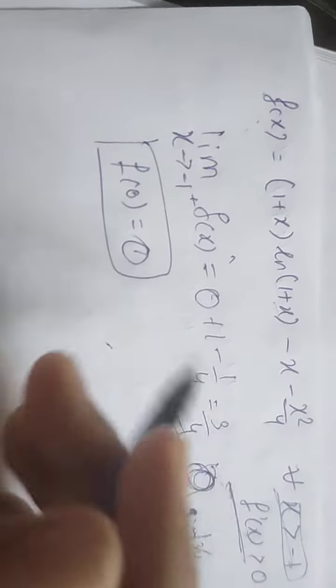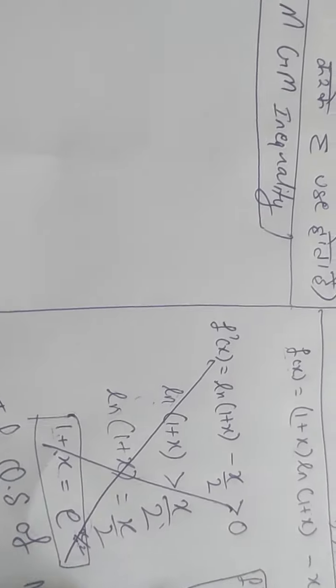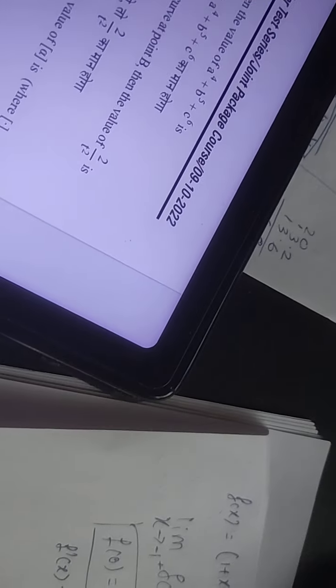You can just use the f dash x here. We have got f dash x equal to ln 1 plus x, and then minus x/2, right? Minus x/2.